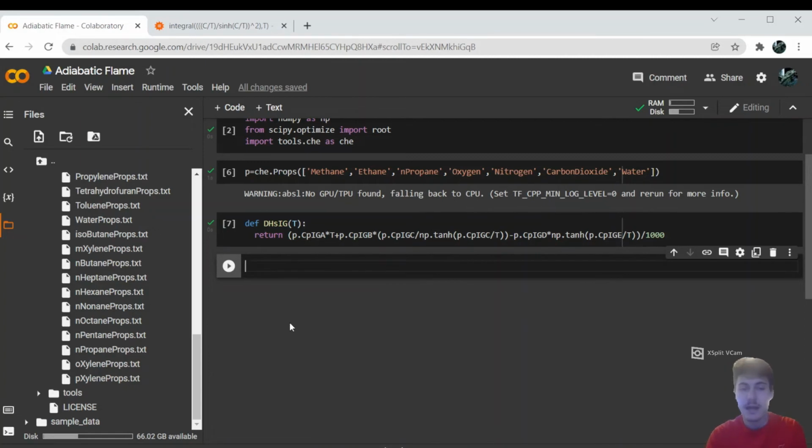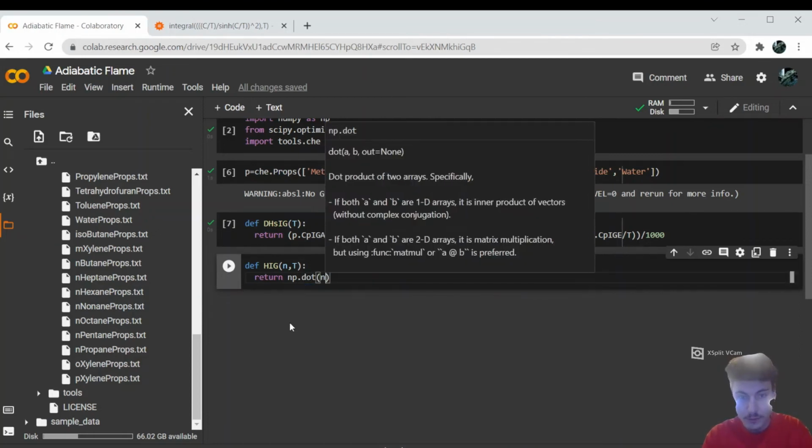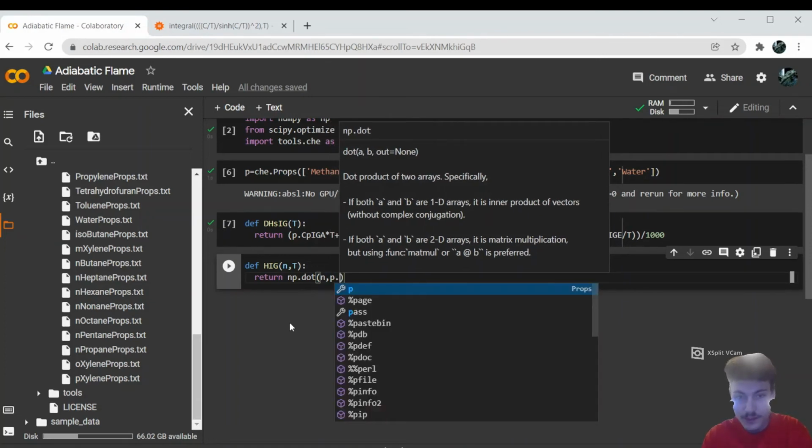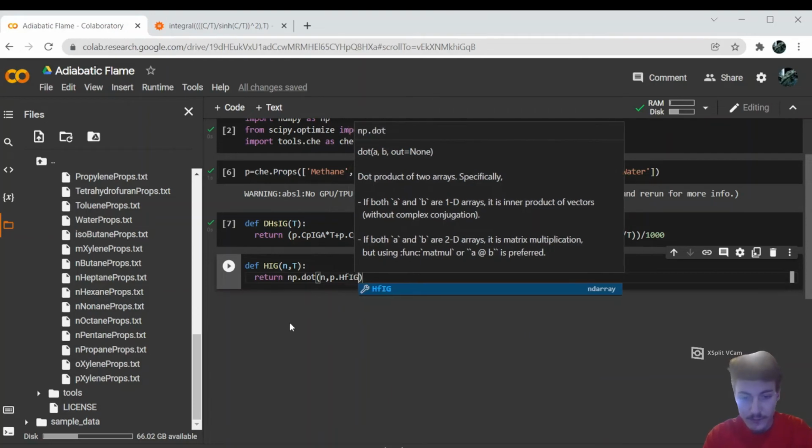And then we want to define another function, which will just be the heat of the ideal gas. We'll call it HIG, and we want to pass in two variables, the number of moles and then the temperature. And then we are going to return the dot product, passing in the number of moles and the properties of the heat of formation for an ideal gas.